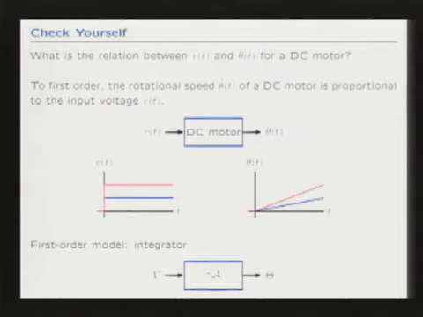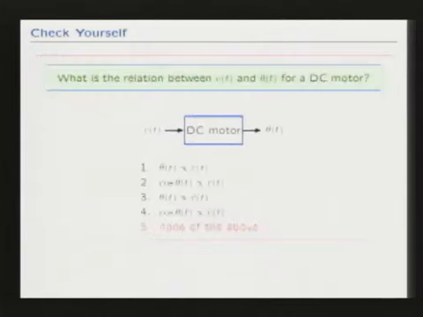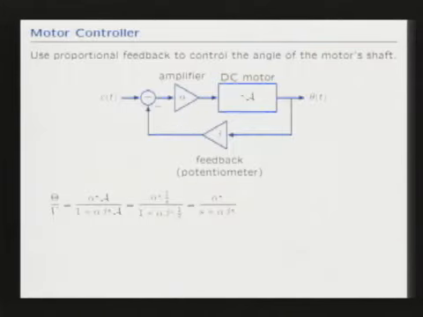I'd really like it not to be a speed controller. I'd really like it to be a position controller. So feedback to the rescue. I'll put it in a loop. I take my motor, which looks like an integrator, gamma over S, and feed back a signal that's proportional to the angle, which I derive by having a potentiometer strapped to the back of the shaft.